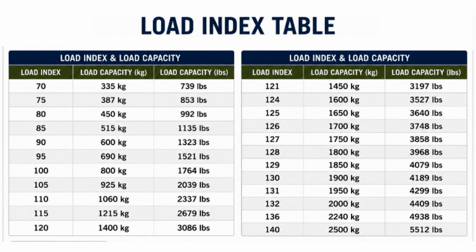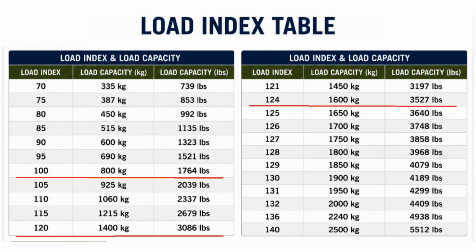This image shows how a tyre's load index corresponds to its maximum load carrying capacity. The load index is not the weight itself. It is a numerical code that must be matched with a standard reference table. As the load index increases, the permitted load per tyre also increases. For example, a load index of 100 represents approximately 800 kilograms, while 120 represents about 1,400 kilograms per tyre.